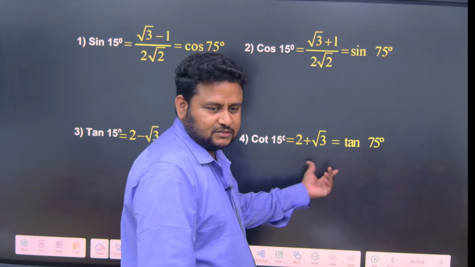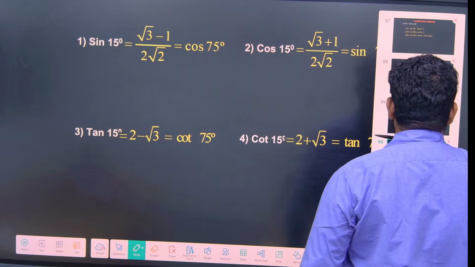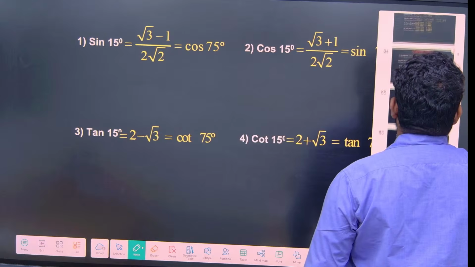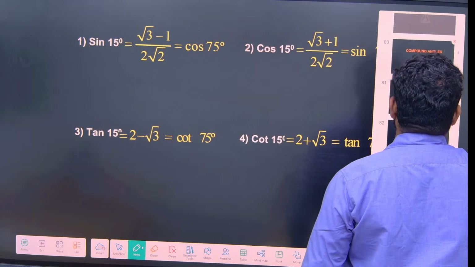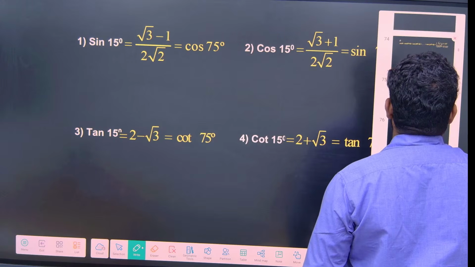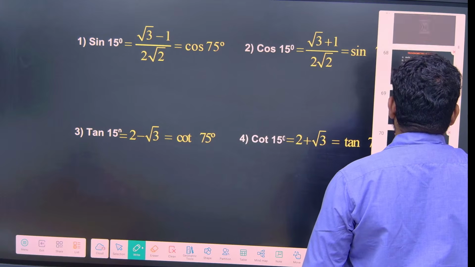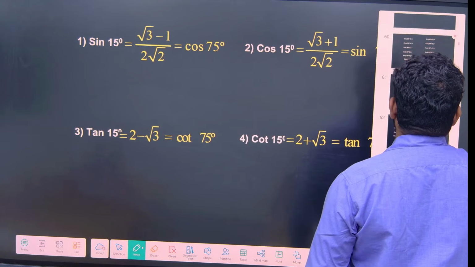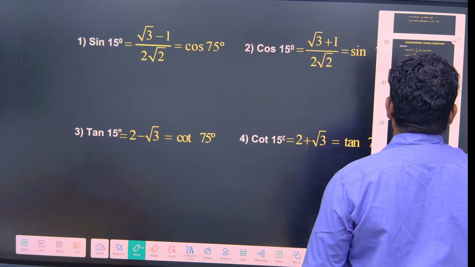And tan 75 is 2 plus root 3, that is what we did. There is one more important result I want to tell you, based on which questions are coming directly.